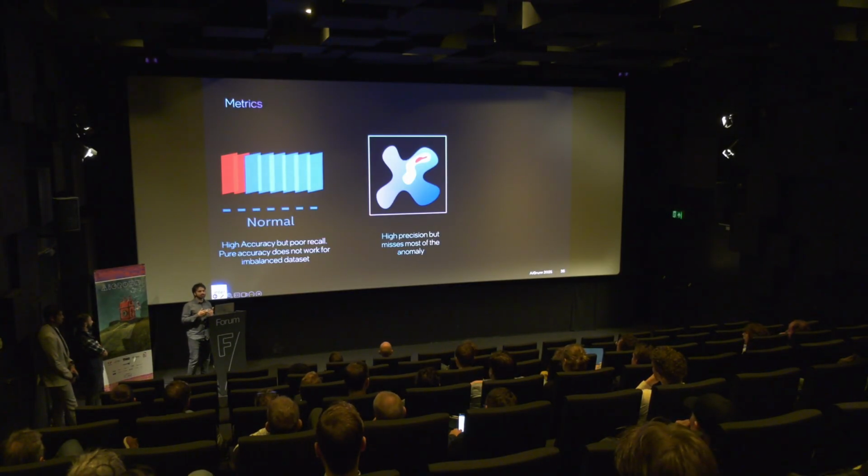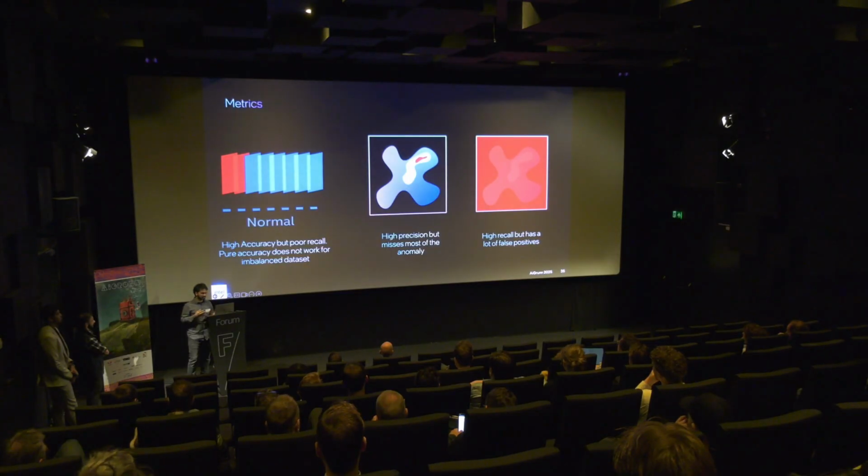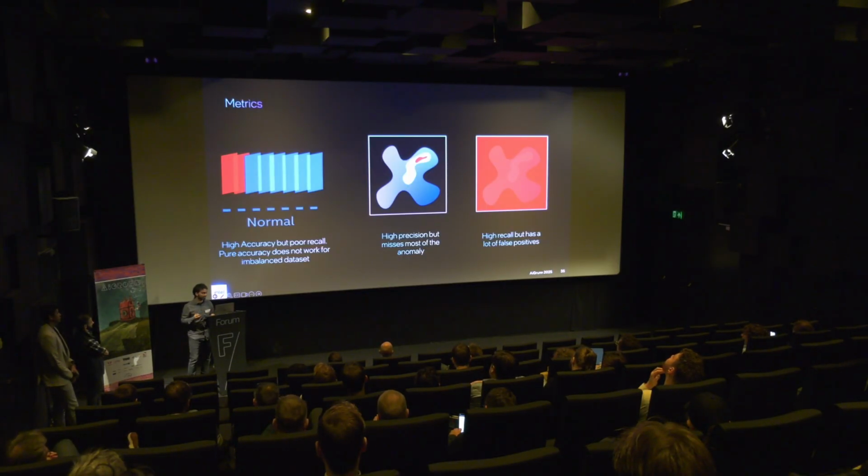But if you just blindly follow high precision models, they're going to miss a lot of the anomalous area. The same thing happens with recall as well. My model can just say that everything I see is an anomaly, and you get a high recall, but you'll also have super high false positives, and you can't just discard every transistor that you see as an anomaly.